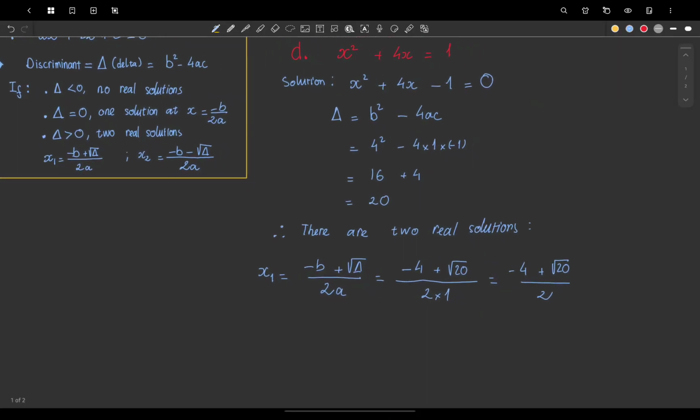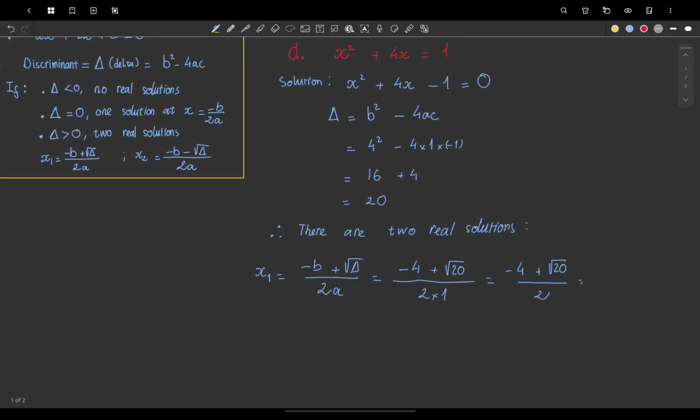I would be happy with that answer there, but if you want to go ahead and simplify the surd, what you would have is negative 4 plus 2 root 5, over 2. Then x2, the second x value, is negative b minus the square root of delta over 2a.